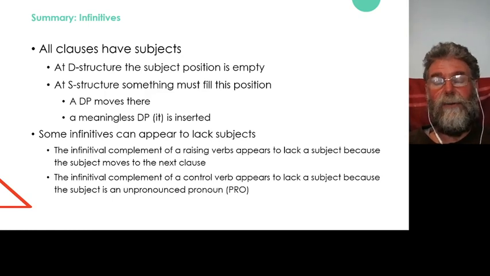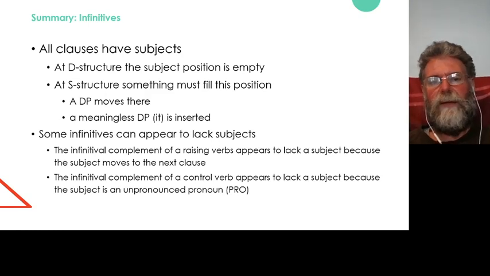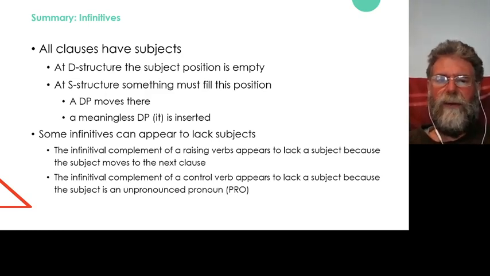Therefore, it only looks as though it lacks a subject. It really does have a subject that's been moved. On the other hand, control verbs like want take non-finite clausal complements which appear to lack a subject, but not this time because of movement, but simply because the element that sits in that subject position is an unpronounced pronoun, which we've been referring to as pro.